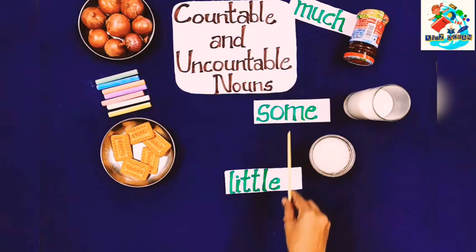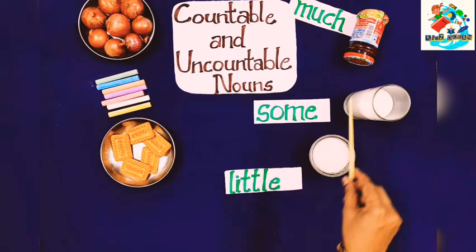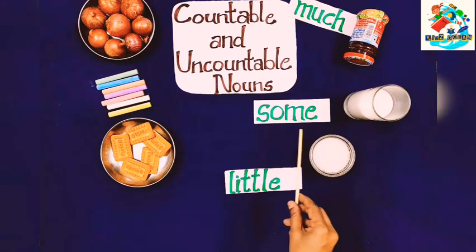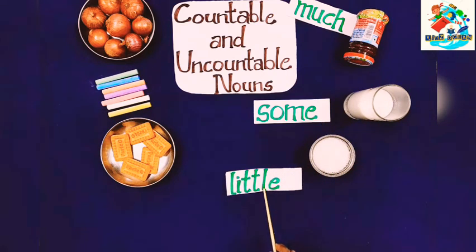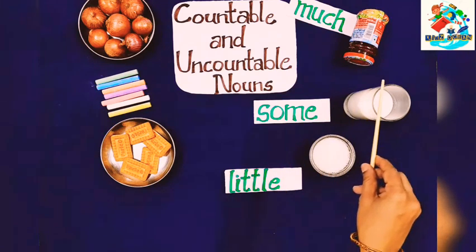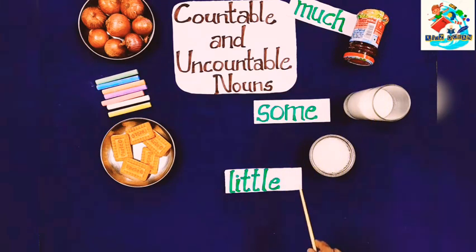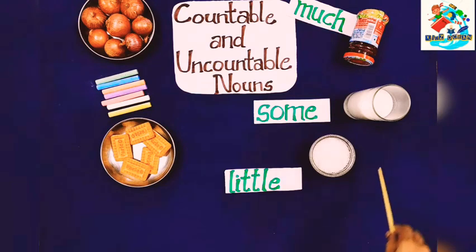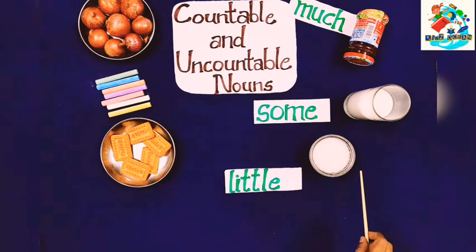So these are certain quantitative words or measurable words which we use before the uncountable nouns. That is why the words or the things which cannot be counted are called uncountable nouns.